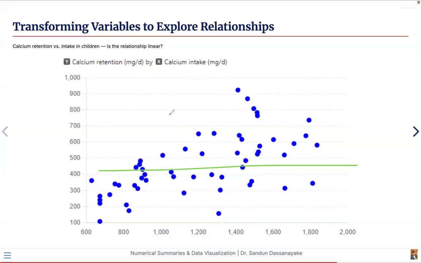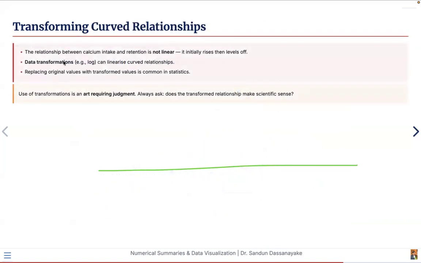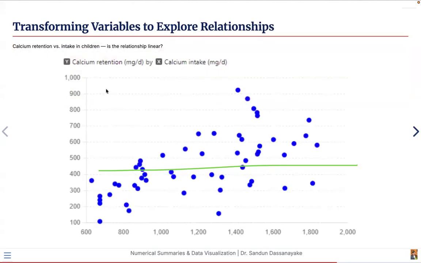But it's very difficult to say. Now let's go forward. The relationship between calcium intake and retention is not linear. It initially rises, then levels off. Somebody can argue it goes like this as well. Okay, that's what it says.